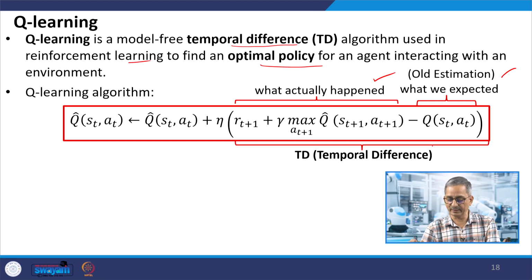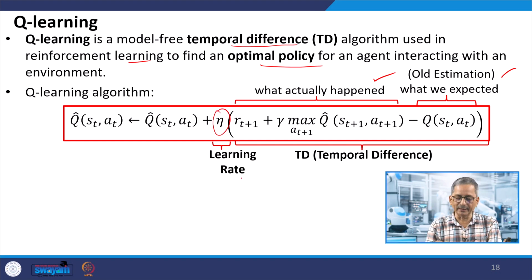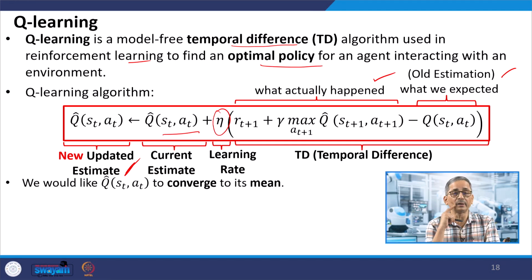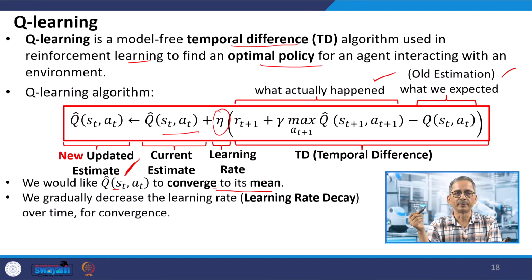We multiply it with a learning rate and add it to the current state, and that is how we get the updated estimate. So, we would like this Q hat to converge to its mean.